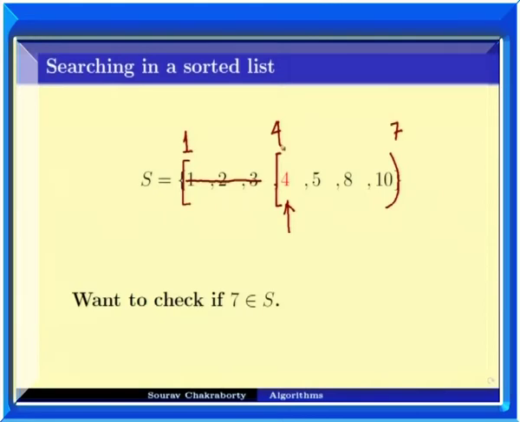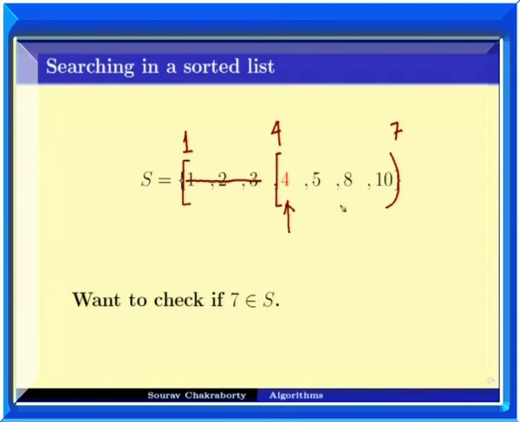What is the next place to check? Again we can go and search this list over here, checking 7 being equal to 4, 7 being equal to 5 and so on. Or we can do a slightly more clever job, which is to go for the middle element.